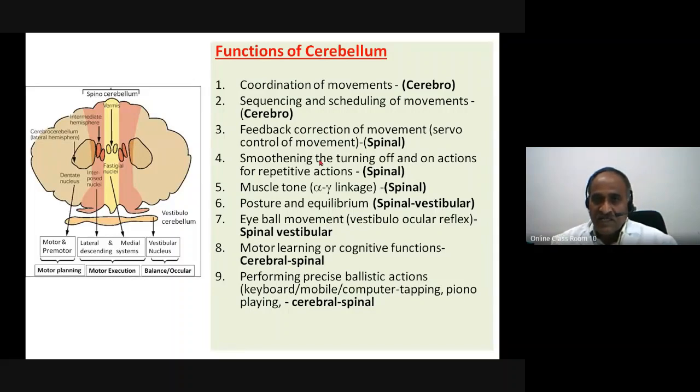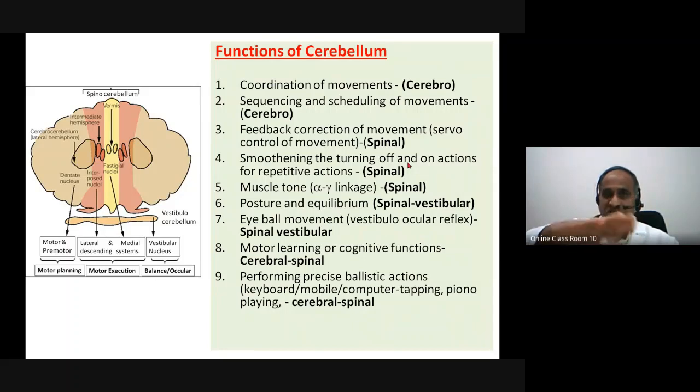Sometimes we have to perform repetitive actions. For example, I am trying to make claps one after another, or even the pronation and supination movements.